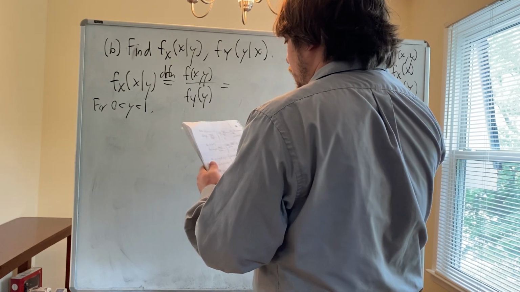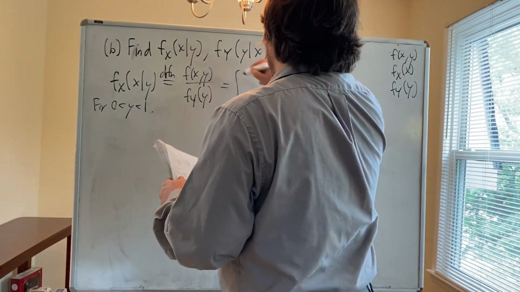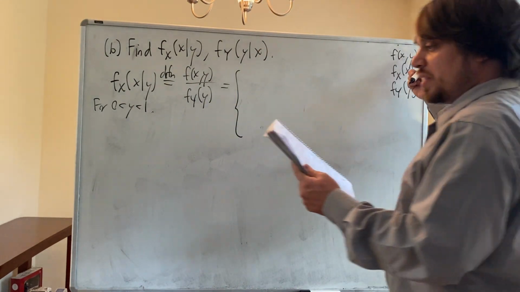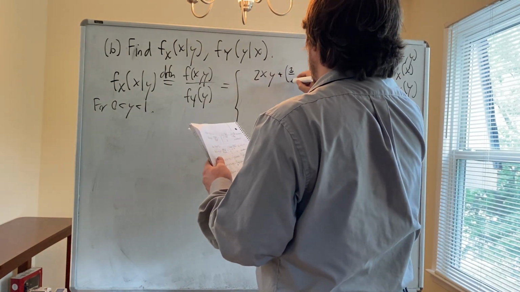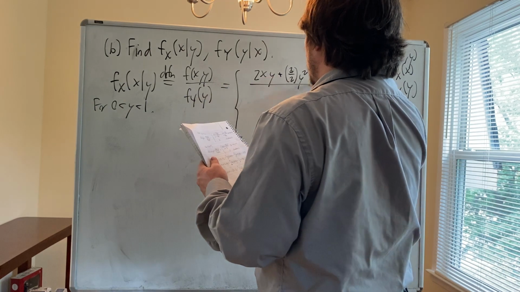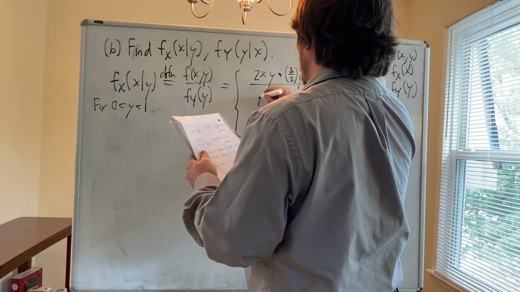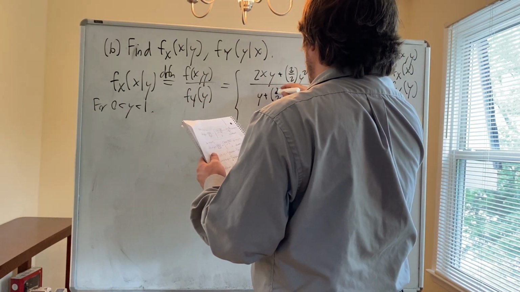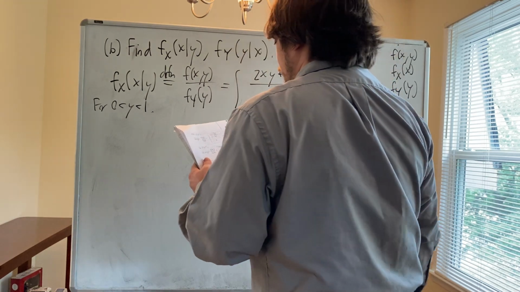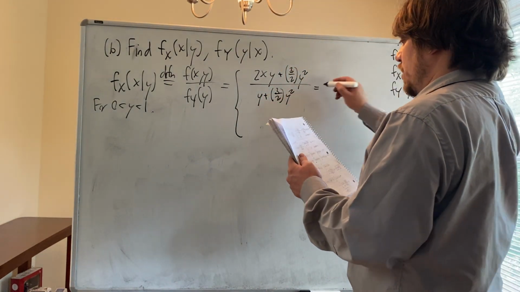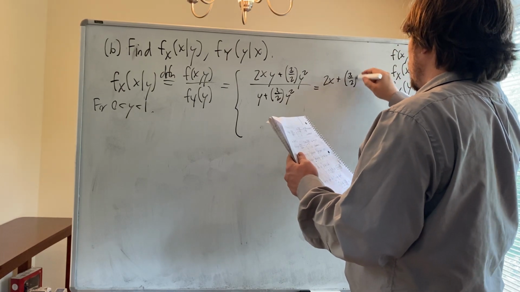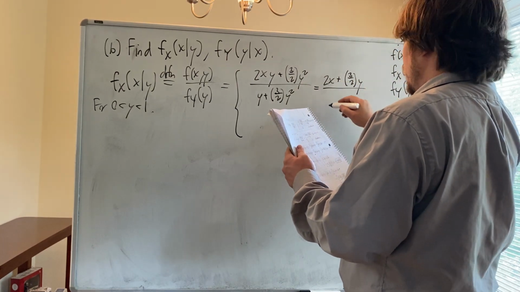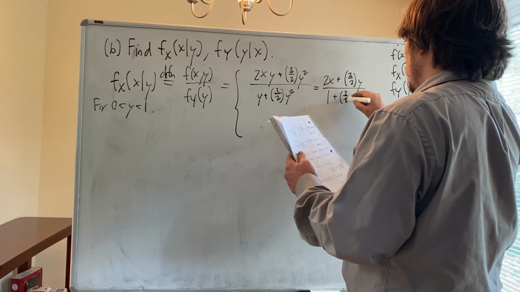So now this is equal to little f from before, which is 2xy plus 3/2 y squared, divided by what we found, which was y plus 3/2 y squared. And when we simplify it, this is equal to 2x plus 3/2 y divided by 1 plus 3/2 y.